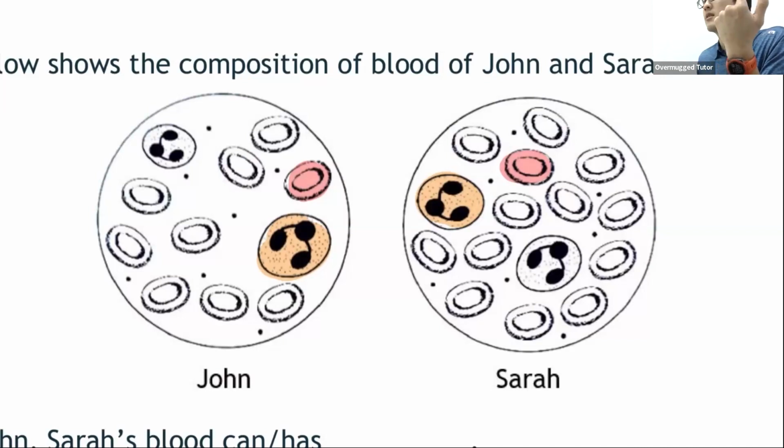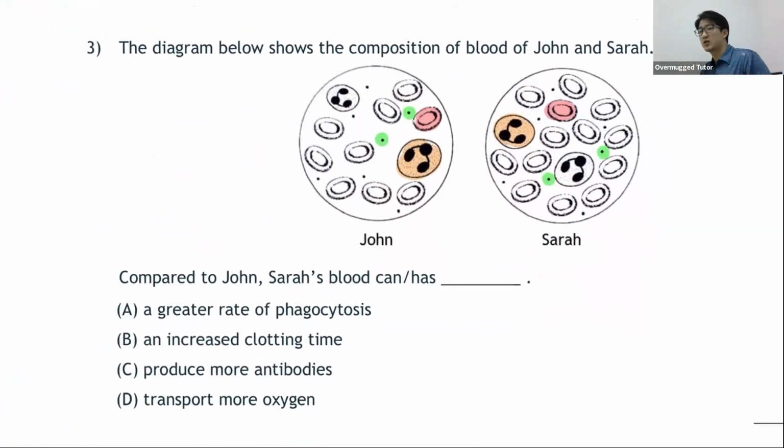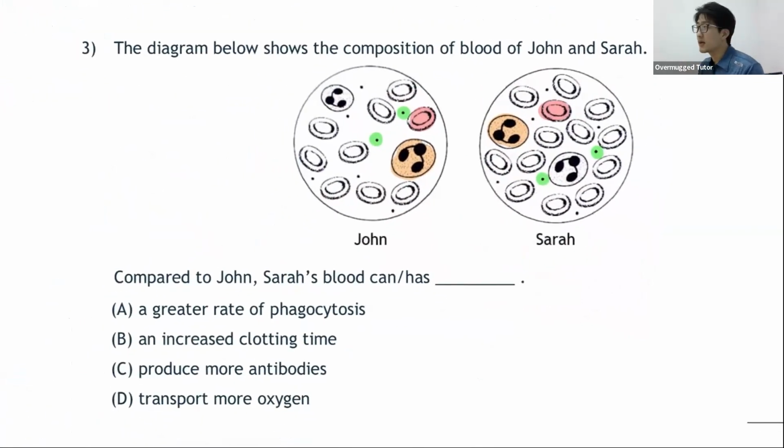So the black stuff are the nuclei. Okay? And finally, what are these dots? Platelets. Think about the functions of these three components of blood. And therefore, Sarah's blood can or has what compared to John's?